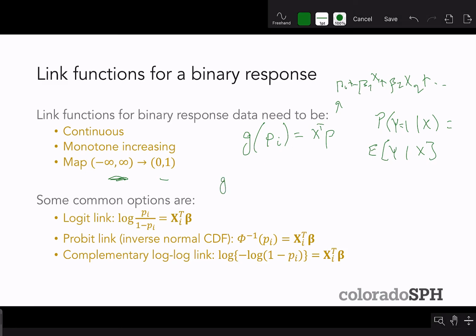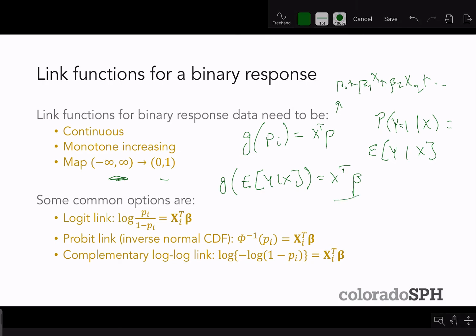So our most general form of a model in the GLM sense is linking the expectation of y given x to our linear predictor x transpose beta. So we want a link function that maps our expectation to the range of values the variable can take.